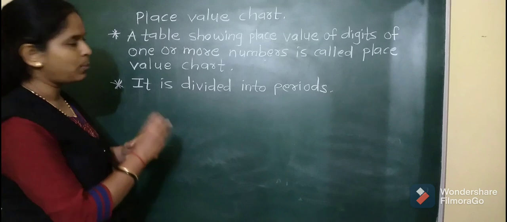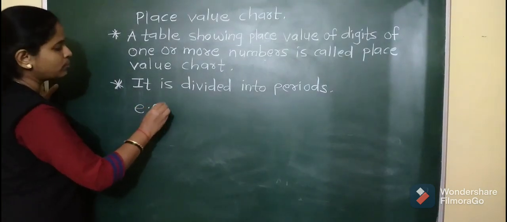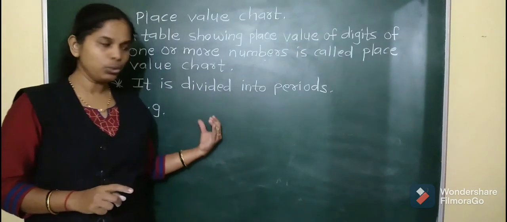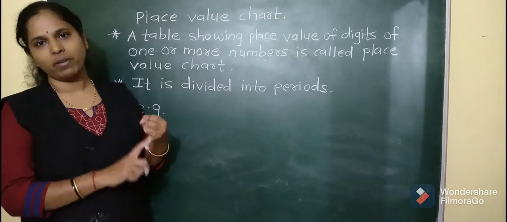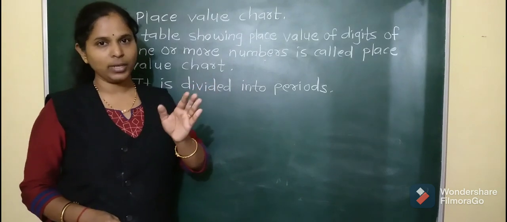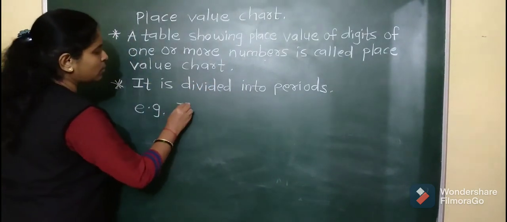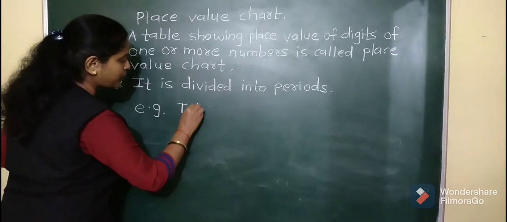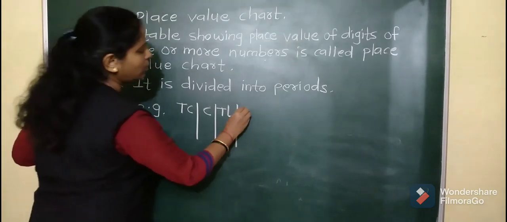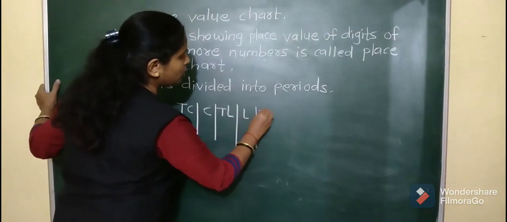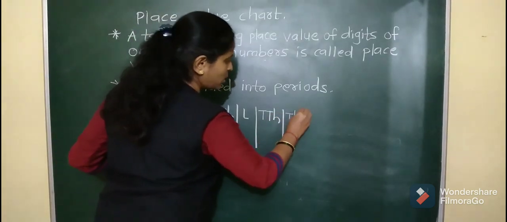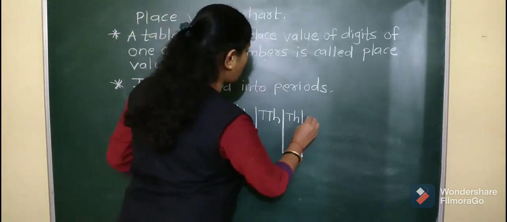Now see here, for example, I'll show you the place value chart for 7-digit, 8-digit and 9-digit number. Now see, 9-digit number starts with 10 crore. So 10 crore, then crore, then 10 lakh, then lakh, then TTH means 10,000, then TH means 1000, then what comes?